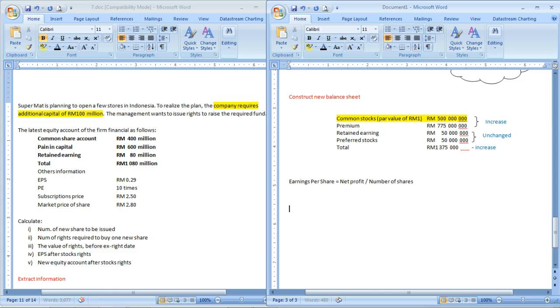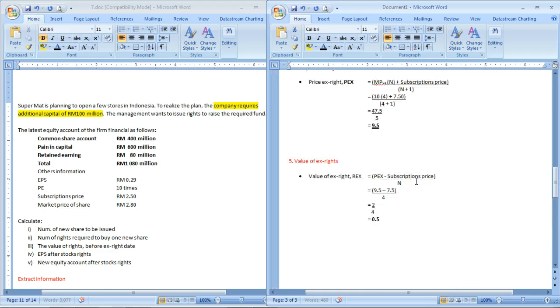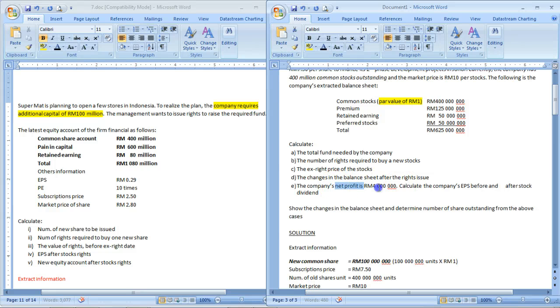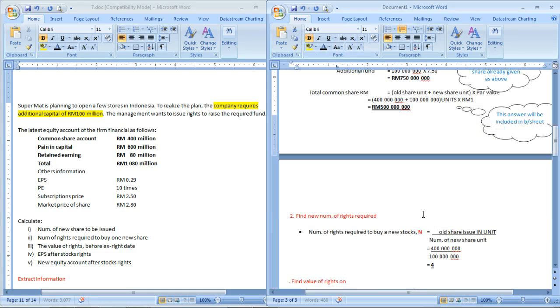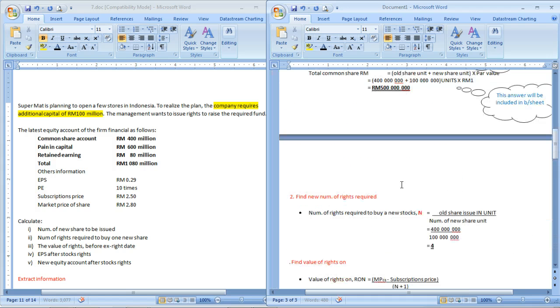First, before the stock right is issued, what is your EPS, class? EPS equals, using the same formula, net profit divided by number of shares outstanding. Now we see the question. Any information on net profit? Correct, net profit is 4 million. Don't forget the comma. 4 million divided by, before stock right, do you think your common share will increase?